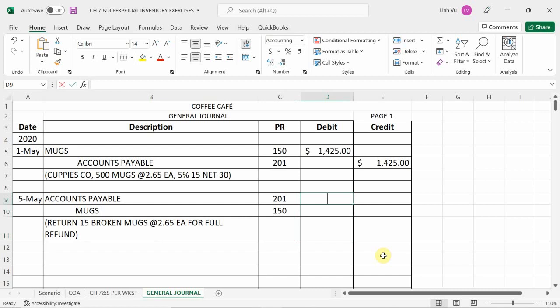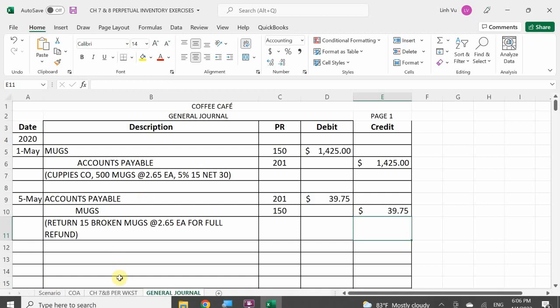So therefore, I can simply calculate this. 15 times $2.65 each should give me a total of $39.75.